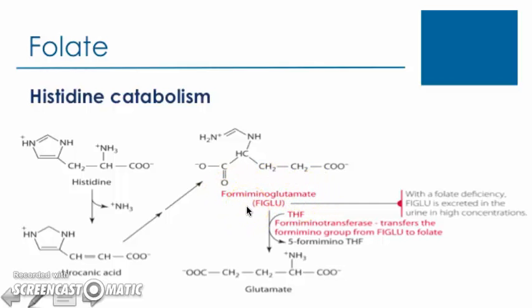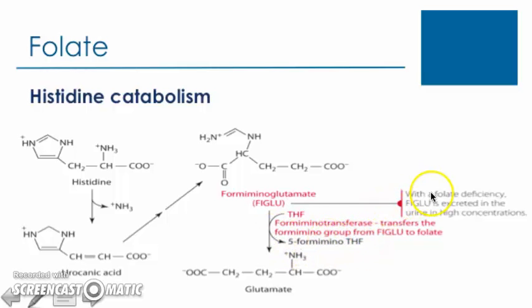So from here, with tetrahydrofolate, FIGLU is converted to glutamate. We also need the formamino transferase enzyme, which again converts the formamino glutamate or FIGLU and tetrahydrofolate to glutamate. In the process, tetrahydrofolate is converted to the 5-formamino tetrahydrofolate.